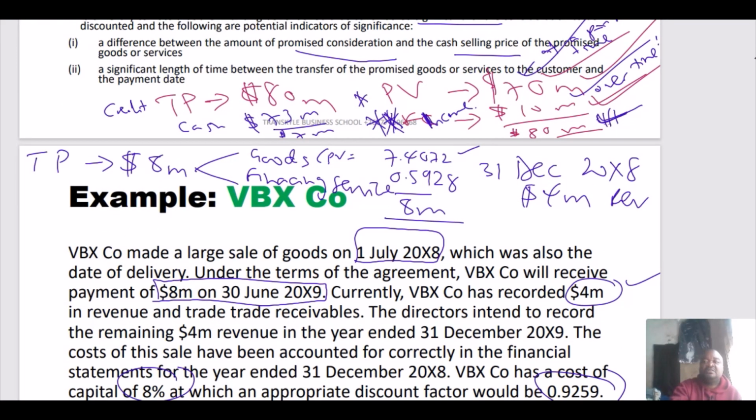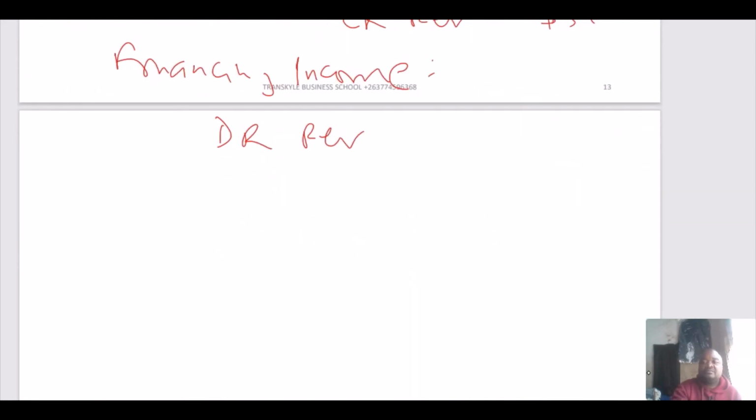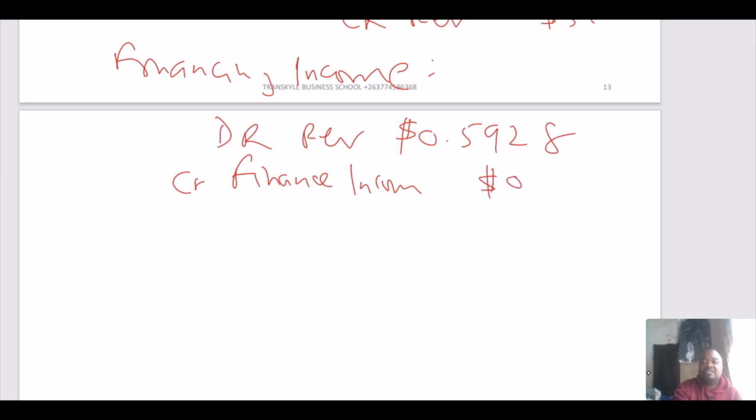From our computation, this one, 0.5928. So finance income, we credit it with the same amount, 0.5928.